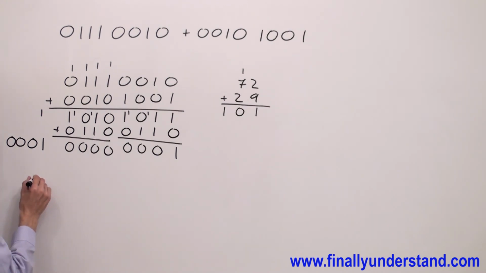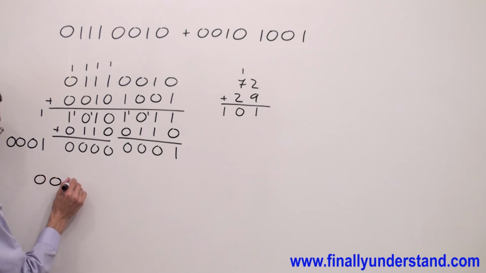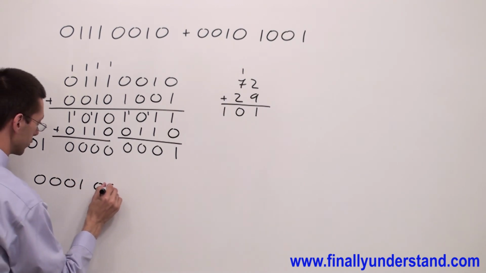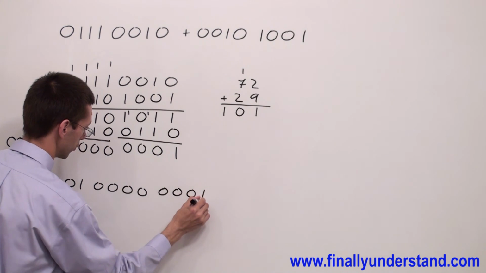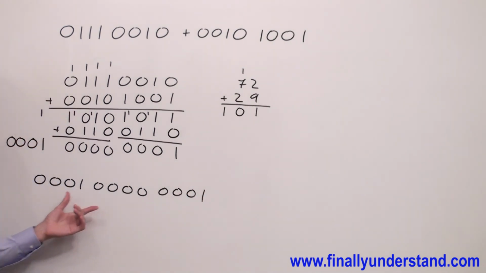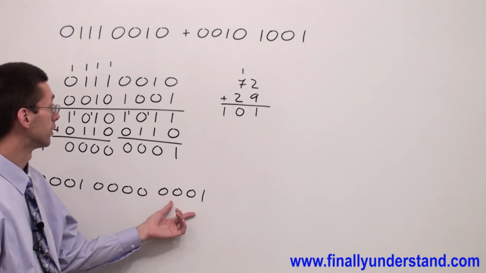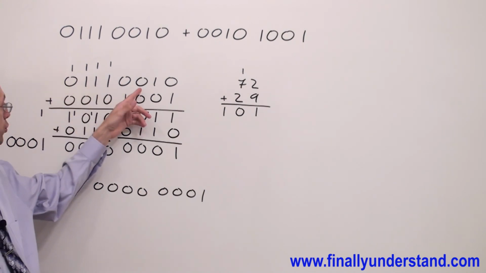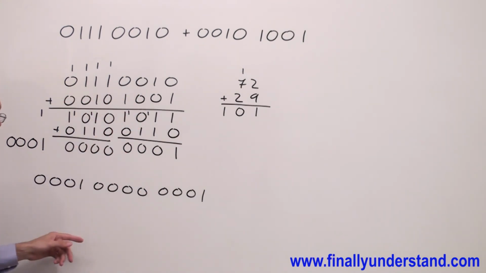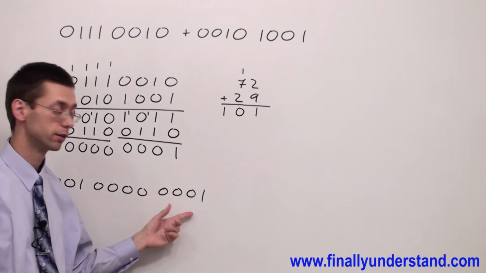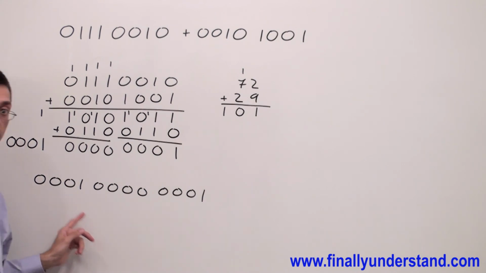So I end up with 0, 0, 0, 1, and I have 0, 0, 0, 0, and I have 0, 0, 0, 1. This is 1, 0, 1. In other words, 72 plus 29 is equal to 101. This is the solution to my problem.